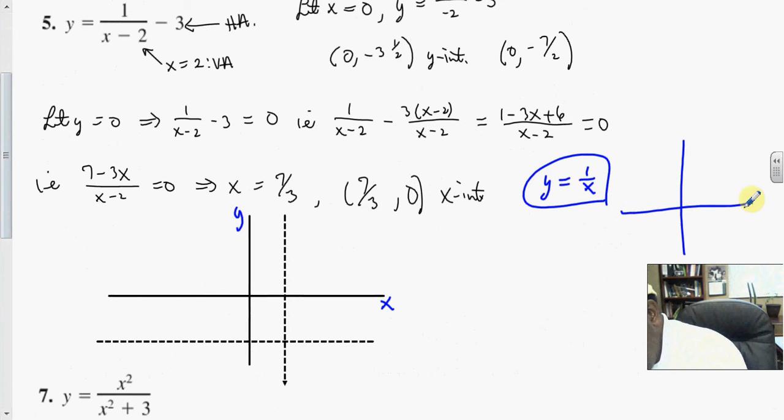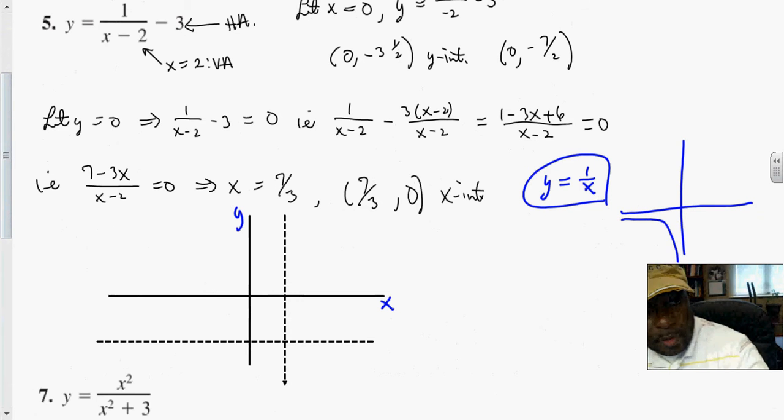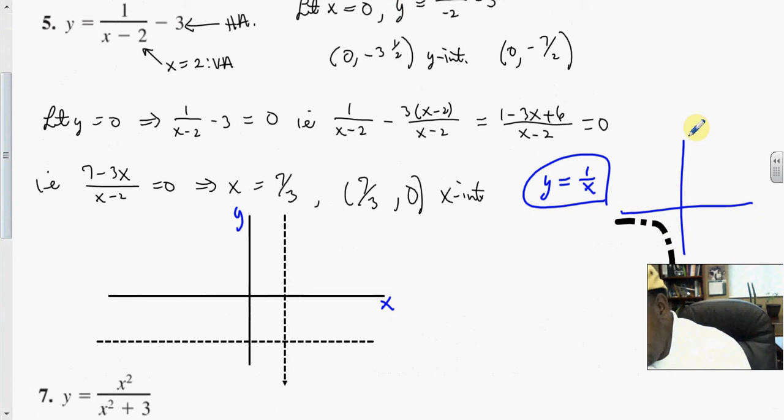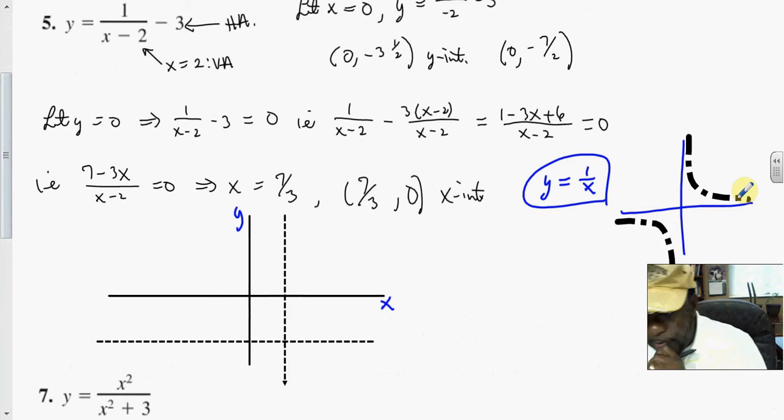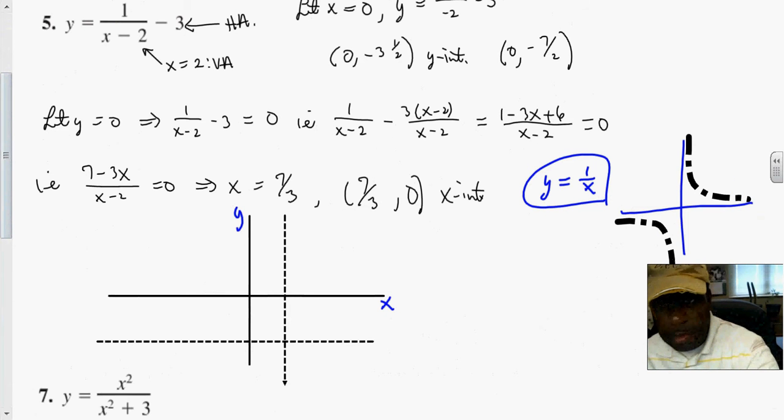You remember that the x-axis and the y-axis were the asymptotes, so the basic graph. So if that be the case, then you have it.